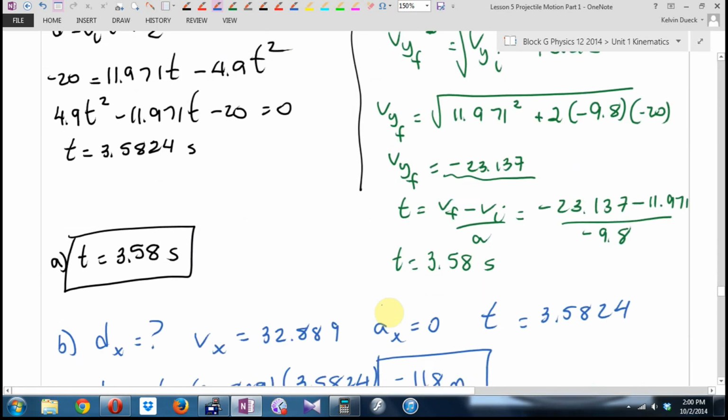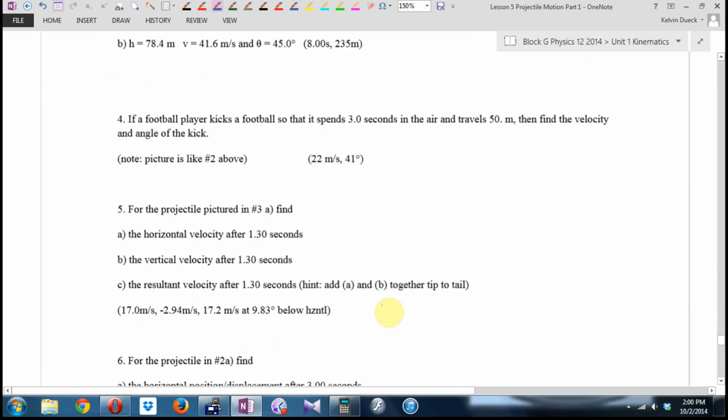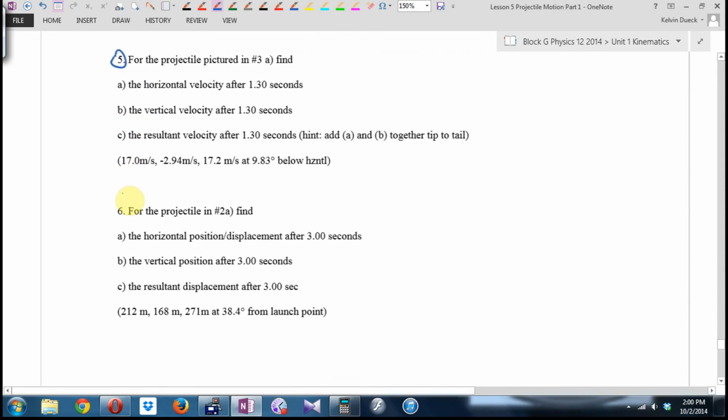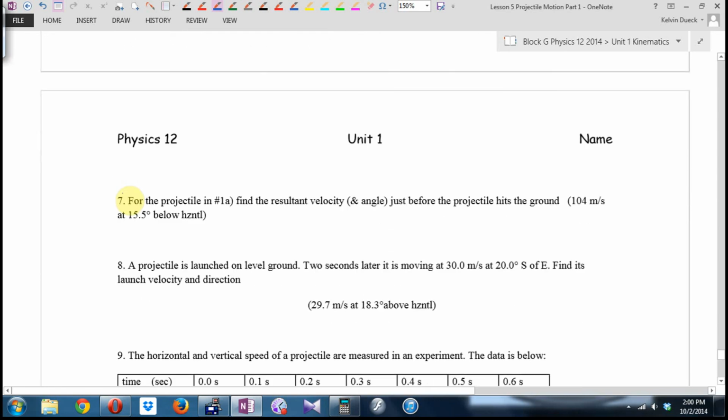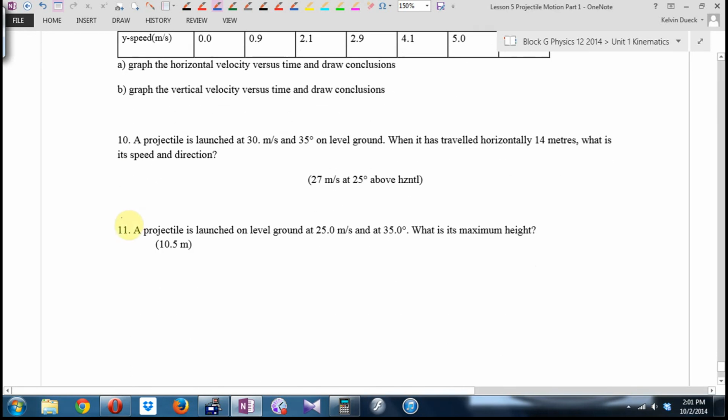I already assigned number 1 and number 2 and number 3. You can also do number 5. You can also do number 7. And number 11.